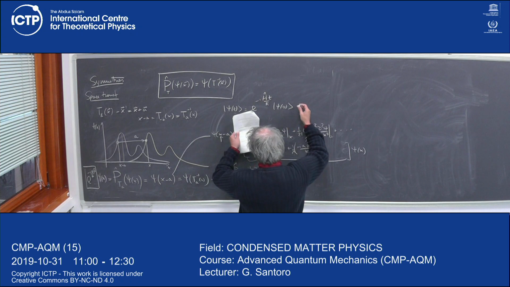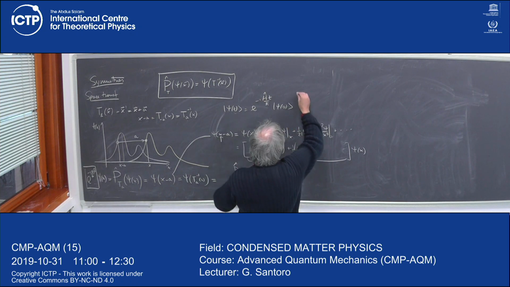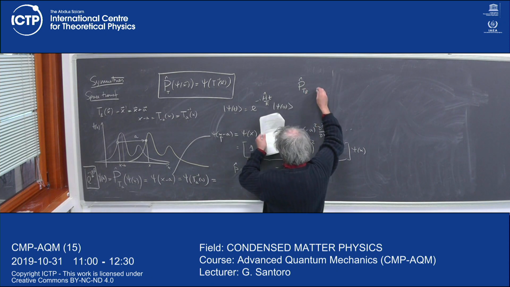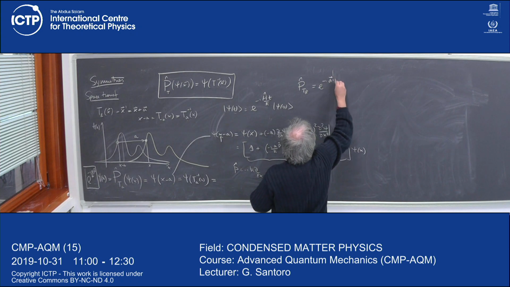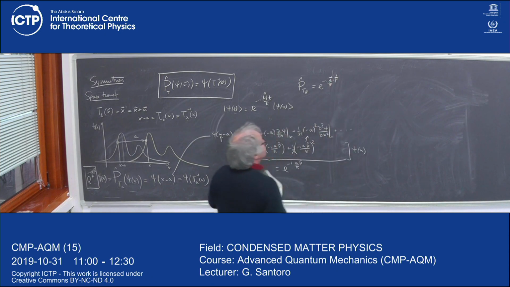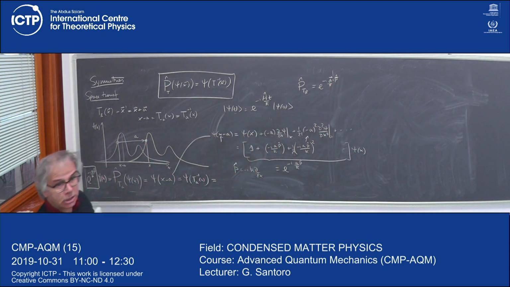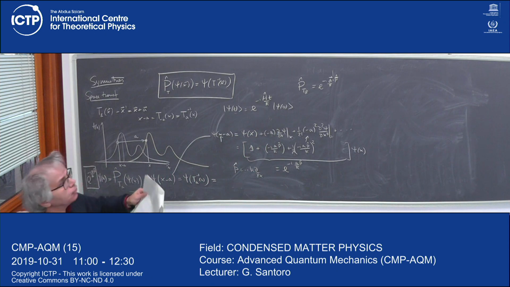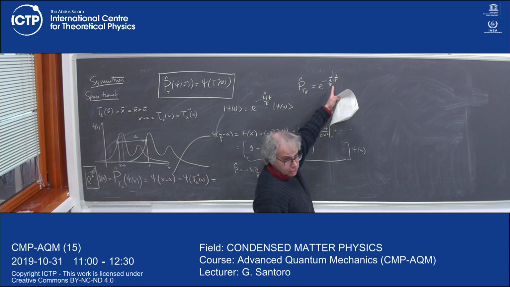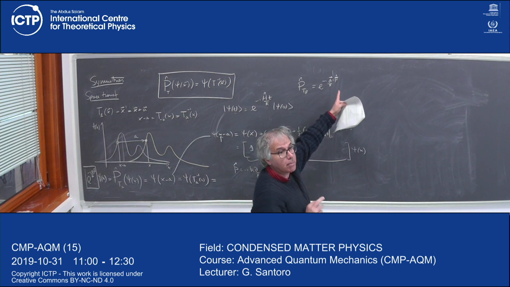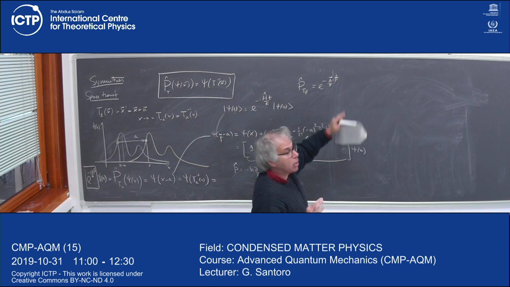So if I ask you to do the same exercise in 3D, what is the operator associated to a translation by a vector a, then the object is simply e to the minus i, a dot the momentum operator divided by h bar. So just the translation by the three components, which you can glue together into a single exponential, obviously because the three components of momentum commute. So there is no problem.